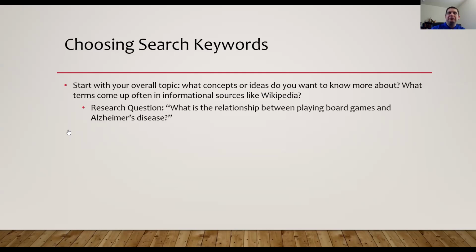Here's an example. If my research question were, what is the relationship between playing board games and Alzheimer's disease, I could take my searches in a lot of different directions.